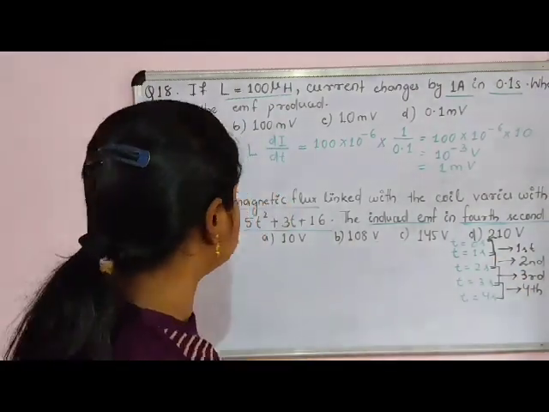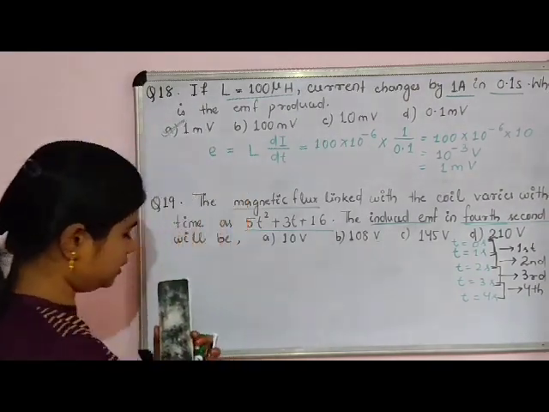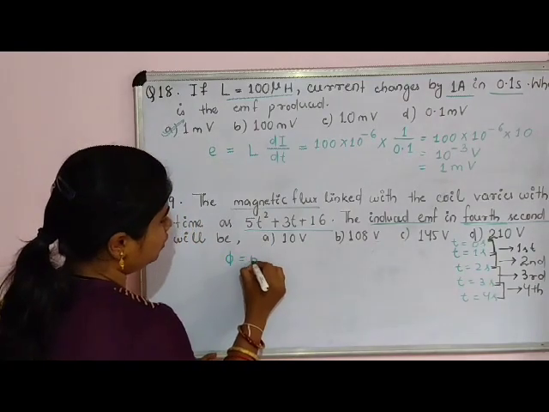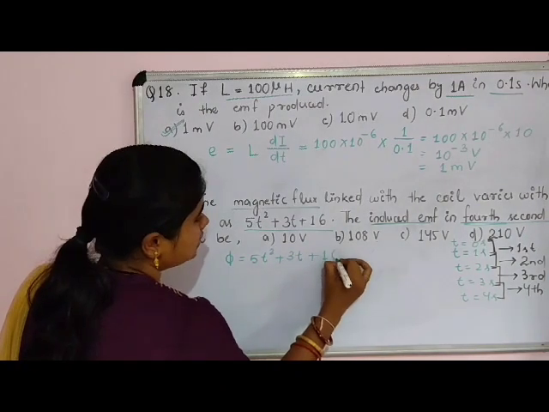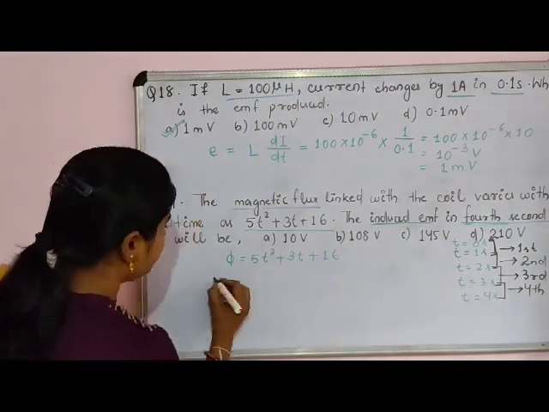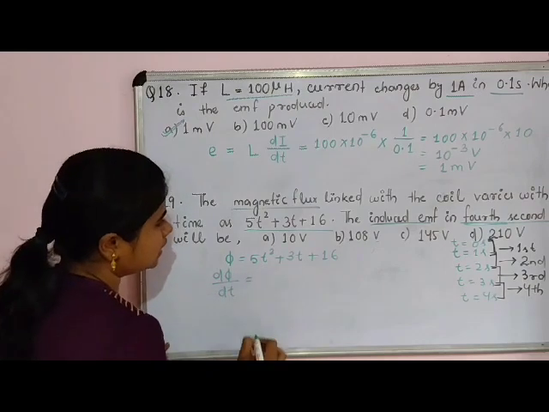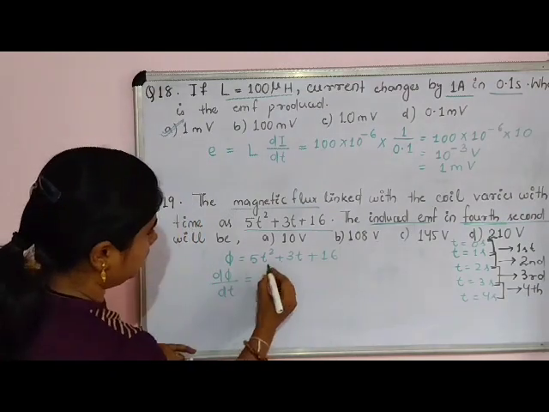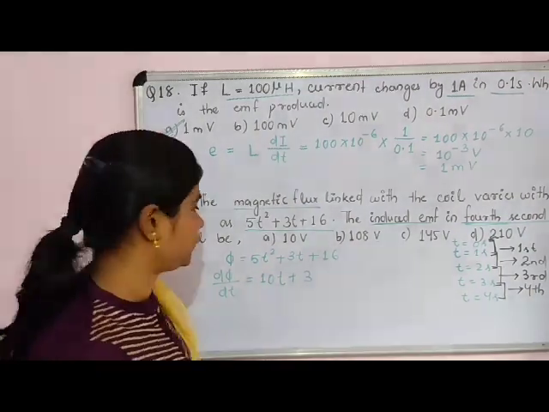As you can see, the flux is varying with time as phi is equal to 5t square plus 3t plus 16. Now the variation can be given by d phi by dt, which will be 10t plus 3.